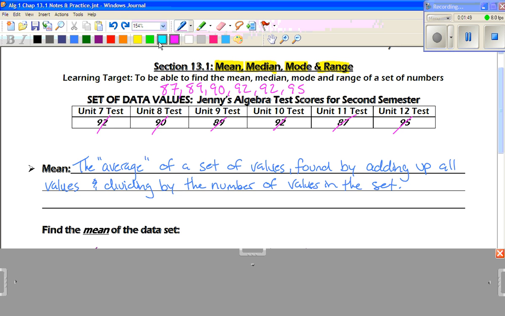So, if we are going to do this for our example, you need to add up 87 plus 89 plus 90 plus 92 plus 92 plus 95, and make sure you do all of that first, hit enter or put it in parentheses, and then divide it by 6.